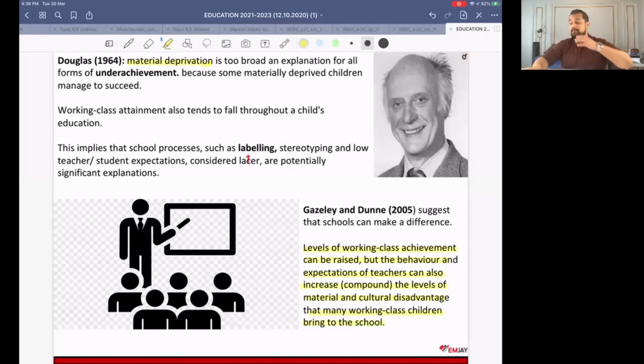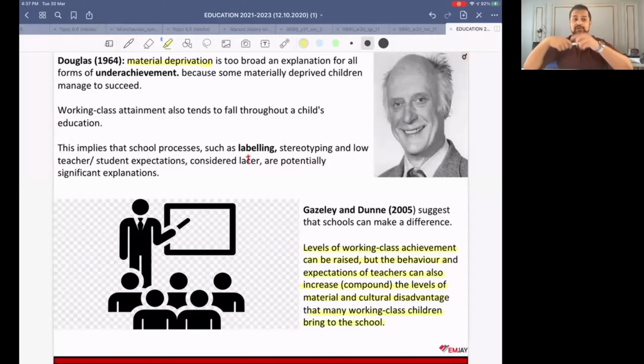Now, do you know what? A child from a working class background, if he or she is coming in with a comparatively disadvantaged position, right? As he or she joins school, right? One, they're coming up with a disadvantaged position.